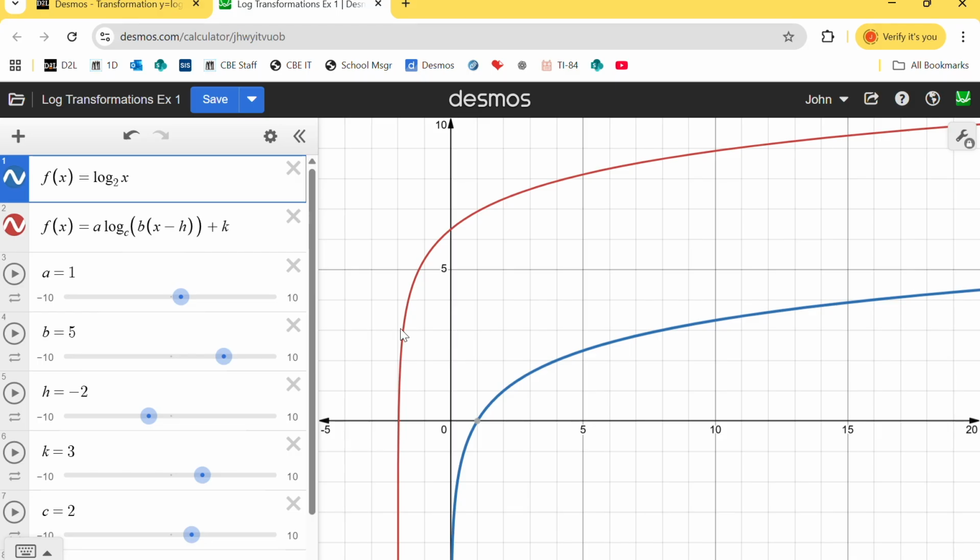So right about there. I don't know if you can see that it shows up. It's really hard to say. Negative 1.83. So 9/5 would be negative 1.8. 9 divided by 5, yep, negative 9/5. And there's our transformed point.